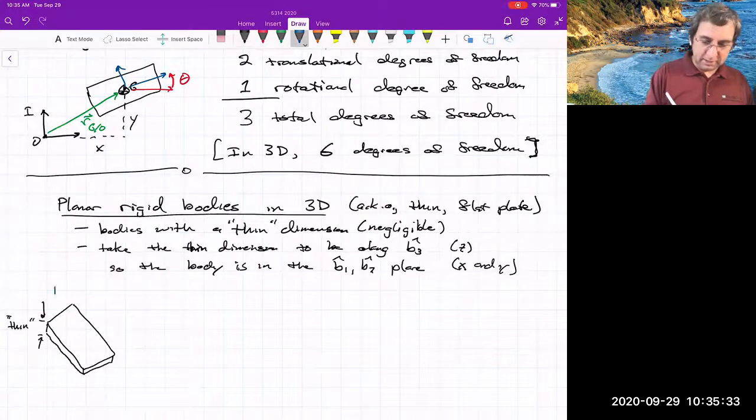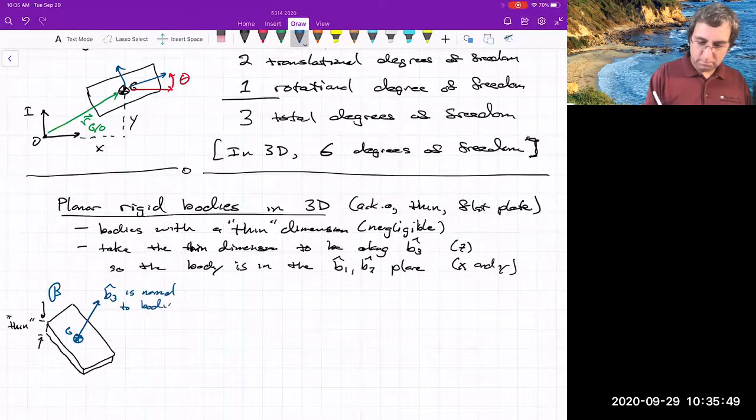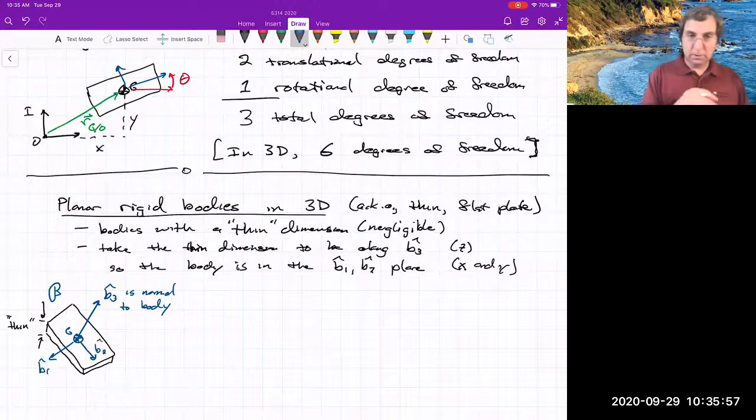This is our body, B, and let me write the center of mass here. And then B3 is normal to the body. And then I've got B1 and B2. So the body is in the B1, B2 plane.